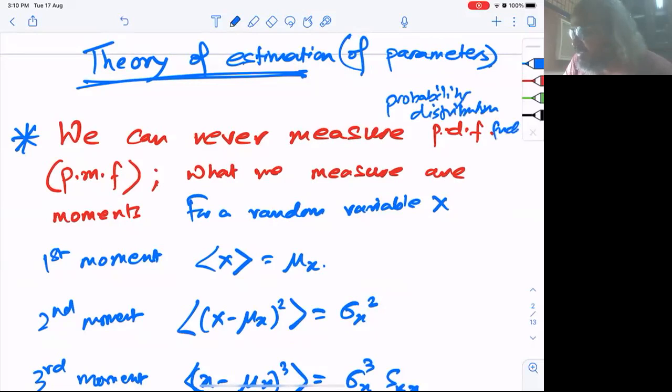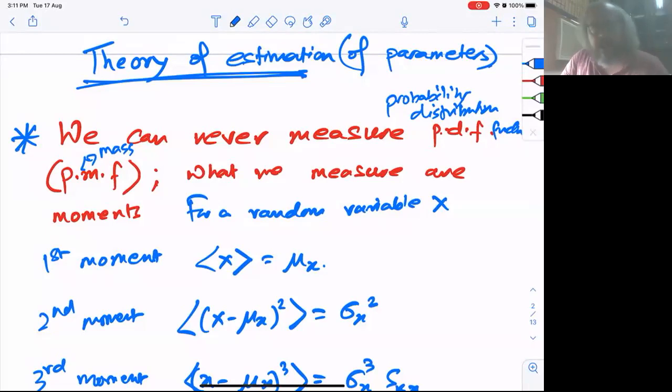Any distribution of a continuous variable, like a Gaussian or a Poissonian distribution, is basically a PDF. As opposed to that, if you have discrete variables, you call it a probability mass function, for example, binomial distributions and so on. We are never measuring either PDFs or PMFs.